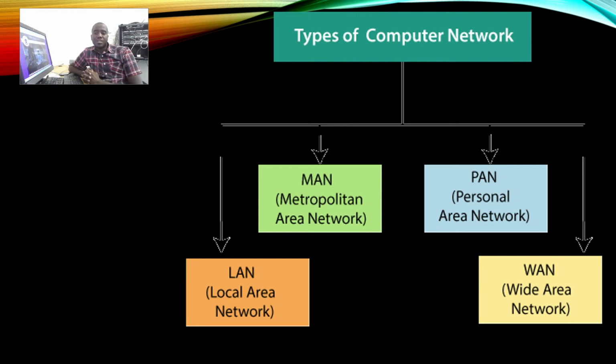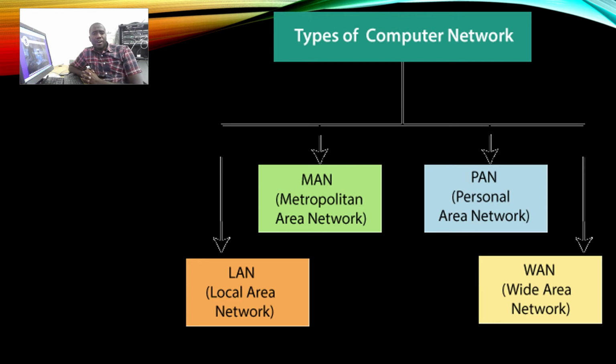And then we also have the wide area network, abbreviated as WAN. And then we've got the metropolitan area network, abbreviated as MAN. And then the last one, the personal area network, abbreviated as PAN.